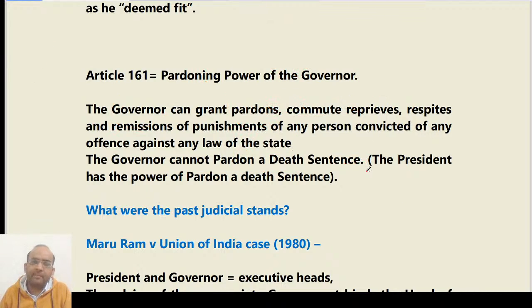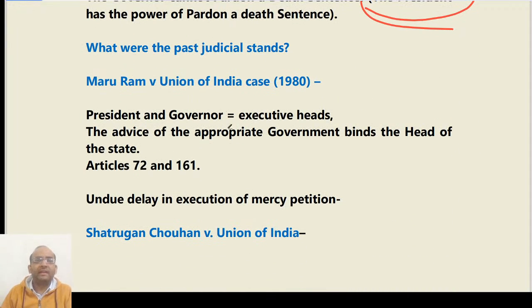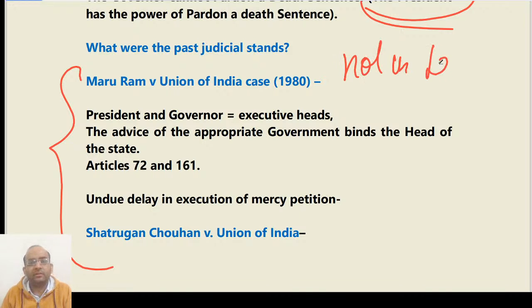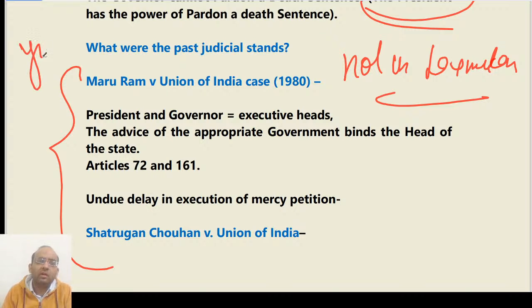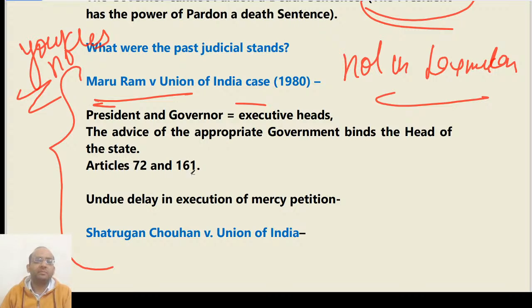Yes, pardon power lies with the president. What are the judicial stands regarding this? These judgments are important. This is not in Laxmikant. Kindly add this information into your notes so that whenever a question comes, you can mention these kinds of judgments. First is Maru Ram versus Union of India.